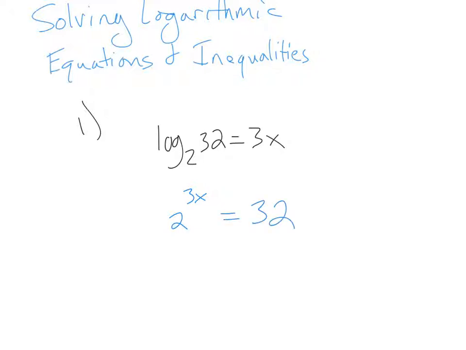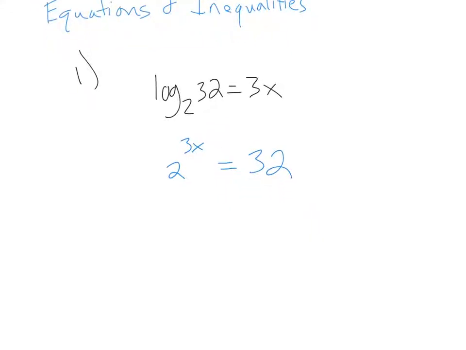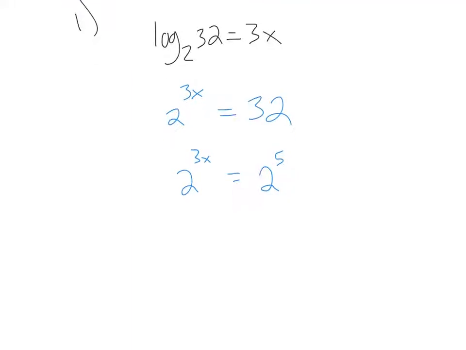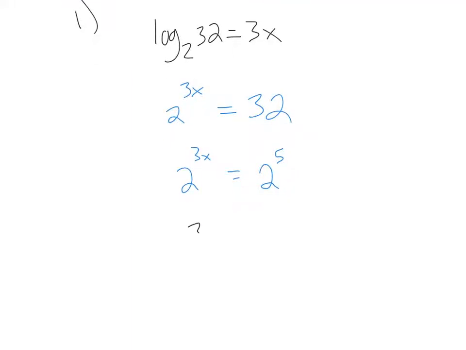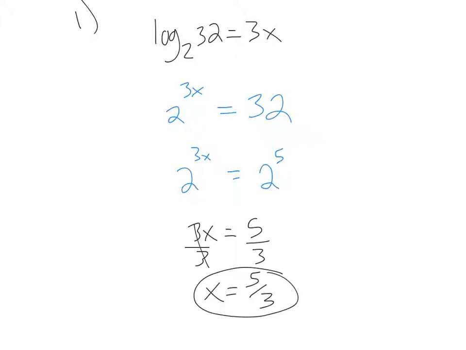From here, let's rewrite 32 with a base of 2, and we can do that really quickly. 32 is the same as 2 to the 5th power, and now you've got 2 to the 3x on the left-hand side. Remember, when our base is the same, we can set our exponents equal to one another. Pretty cool. So you've got 3x is equal to 5, divide by 3, and you get x equals 5 over 3. It's fine to leave it just like that. Moving on to number 2.